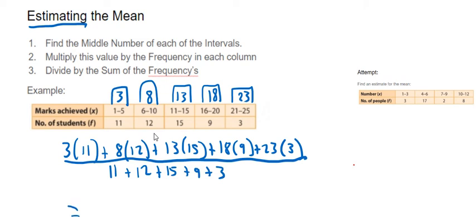And then you can start working all this out, multiply the numbers, so you'll get 33 and then 96 plus. But because you've just got all numbers in it, you could just put it all into the calculator. So I'll just be lazy now and put it all into the calculator, and it should give me an answer.